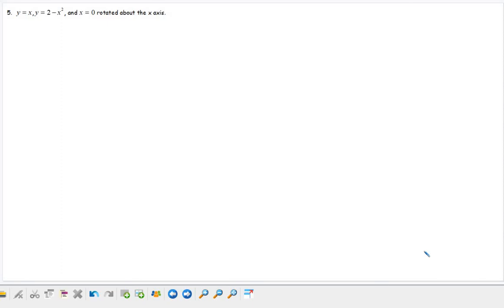Okay, so 5: y is equal to x, y is equal to 2 minus x squared, and x is equal to 0, rotated about the x-axis. Okay, so x equals 0 is pretty easy, so I'll go ahead and put that in.